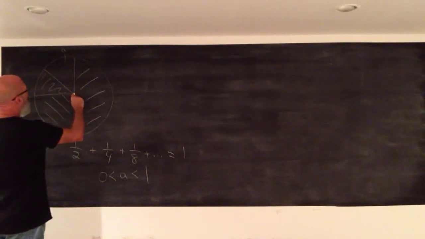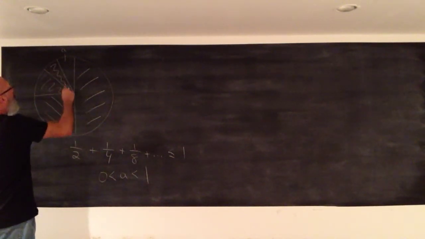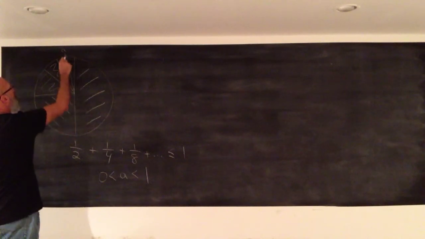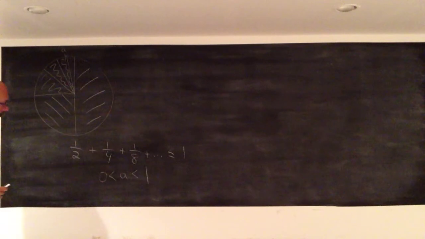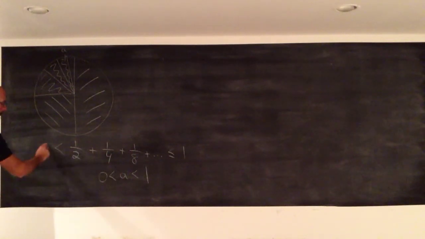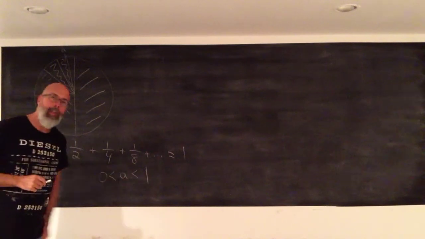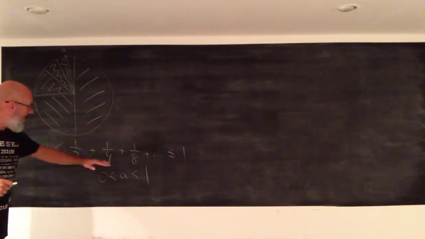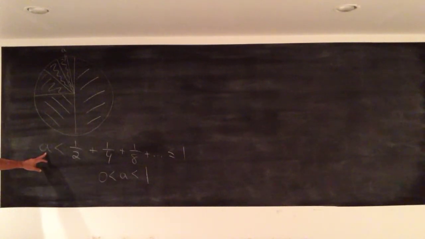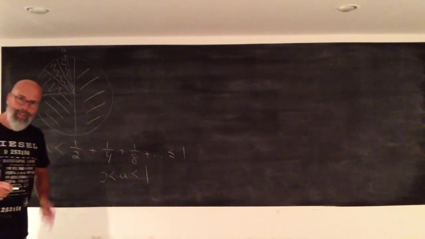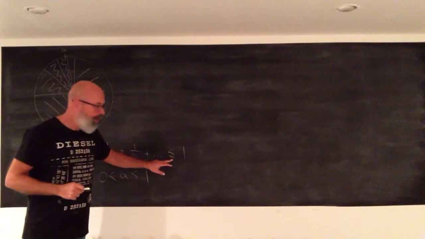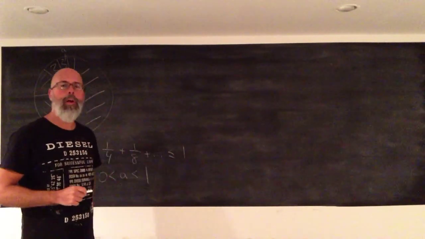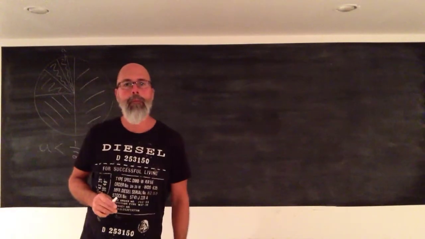And by eating half of what remains, you eventually surpass a. So this sum has to be bigger than any number less than 1, so it has to be at least 1. But at the same time, it's at most 1, so it has to be 1.